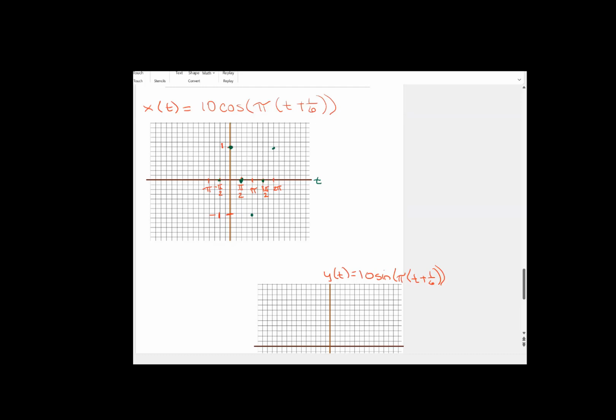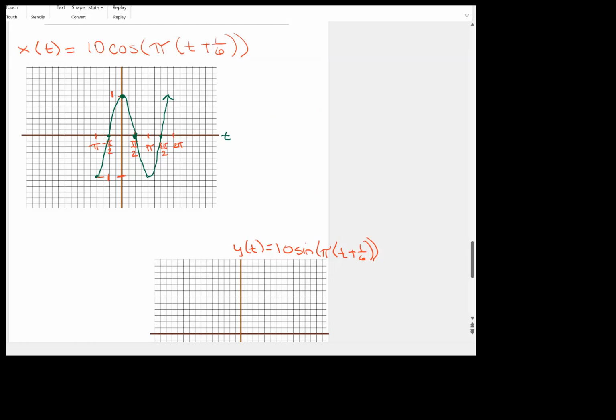And similar in this direction. Right now, the green is y equals cosine of t. That's it. What we have to do is we have to fix our horizontal axis.